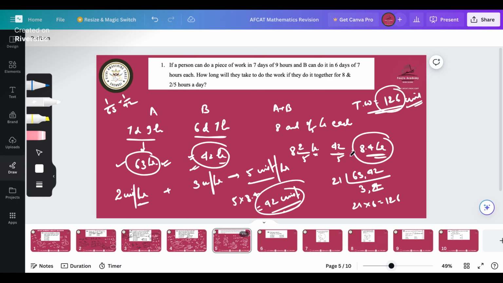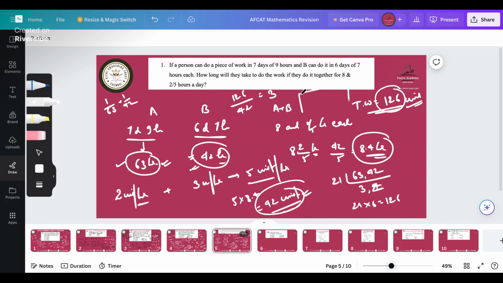So 42 units of work are done by both A and B in 8.4 hours, which is one single day. So how much total work needs to be done? 126 divided by 42, that means 3.